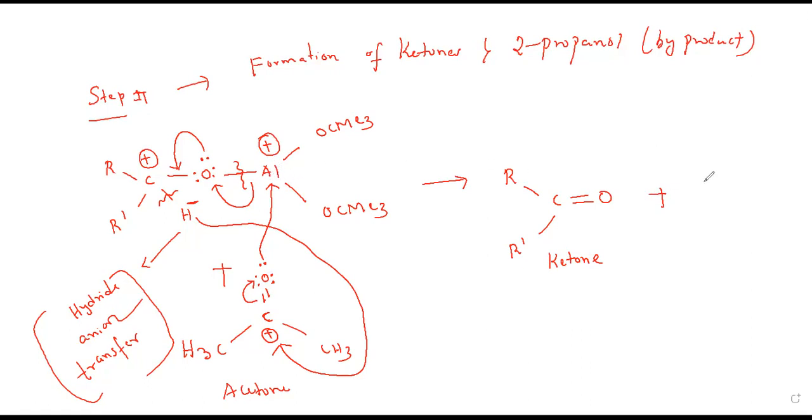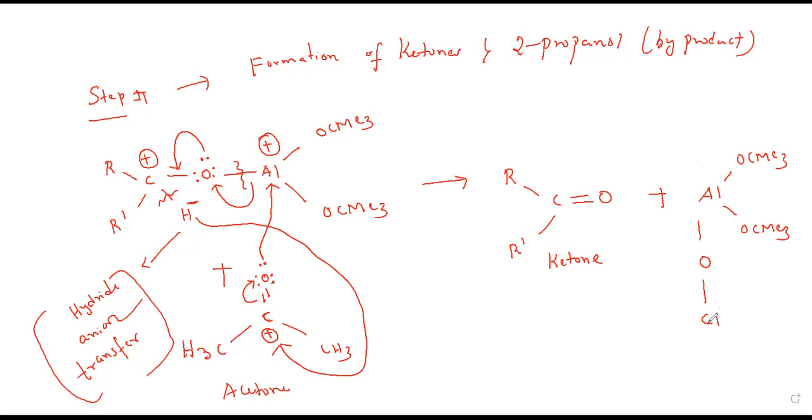So we can write it this way: aluminum, oxygen, CMe3, and this aluminum is going to form a bond with oxygen. Followed by, when you transfer this pi bond towards oxygen, you will get only a single bond like this, carbon.